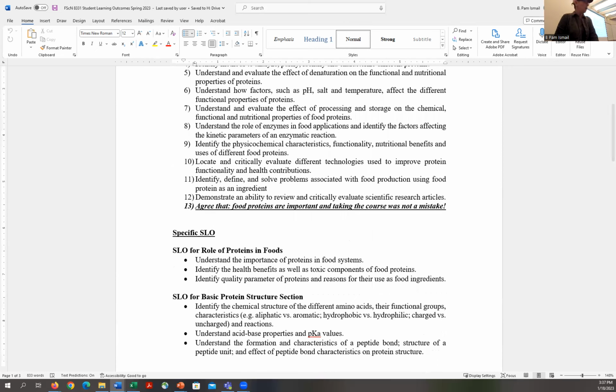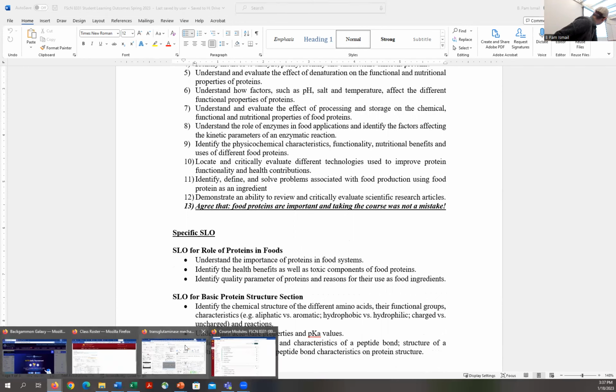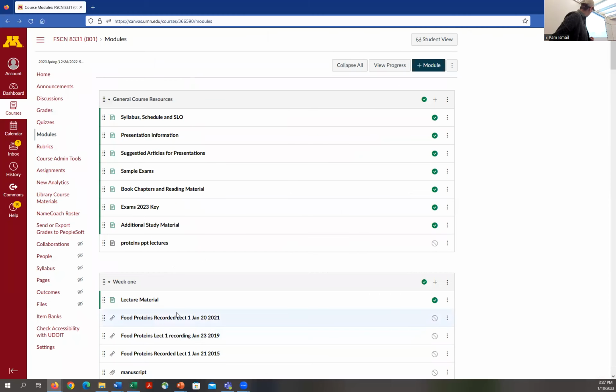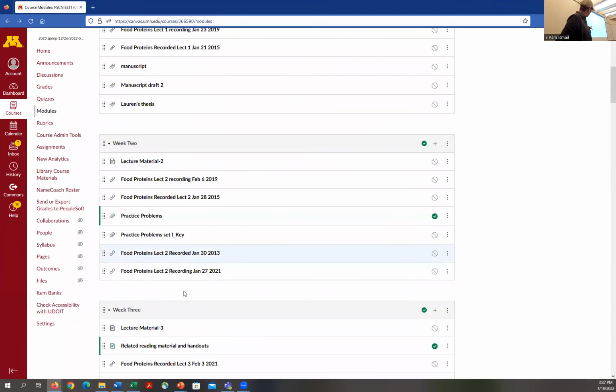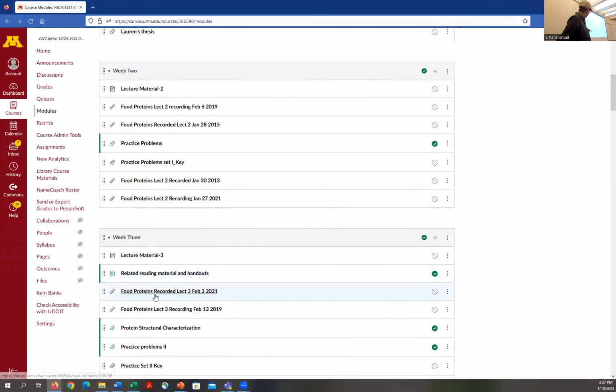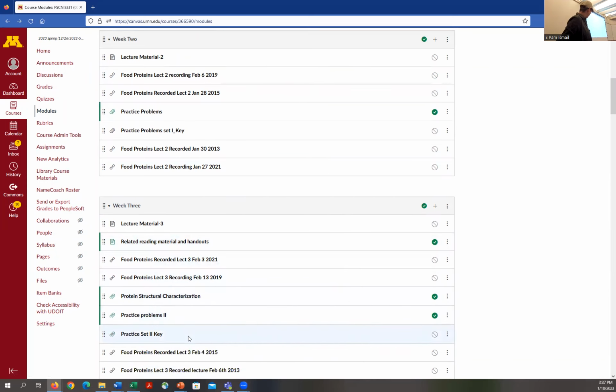One other thing in terms of study material. Under different topics, sometimes I have additional reading material, so related reading material and handouts, like the protein structural characterization handout.